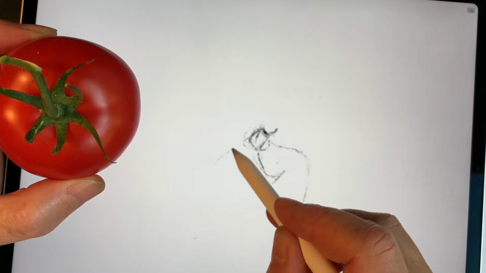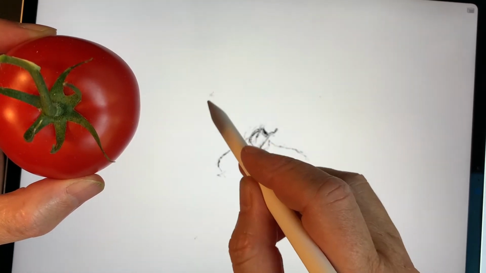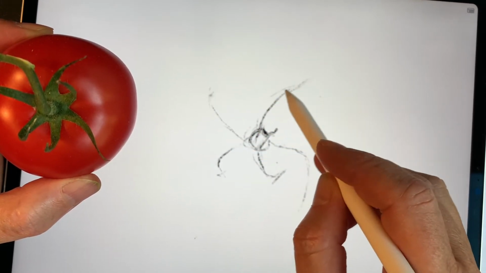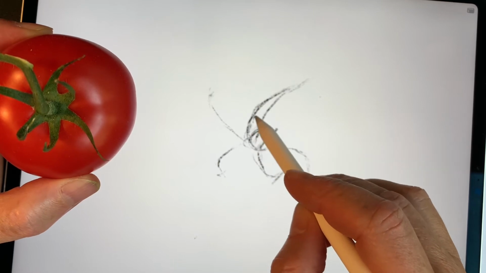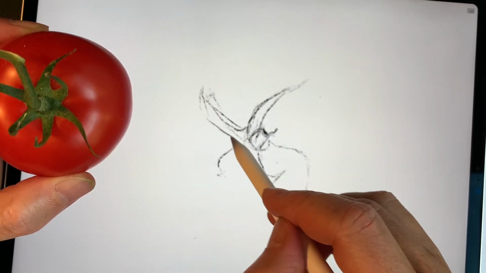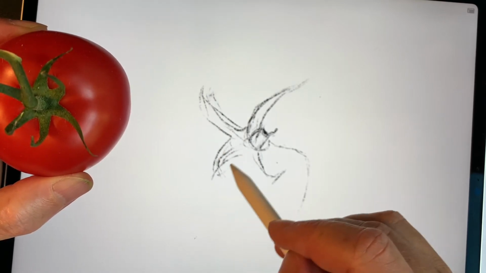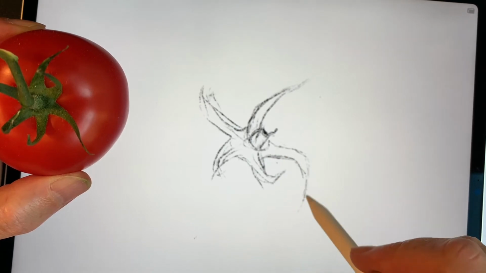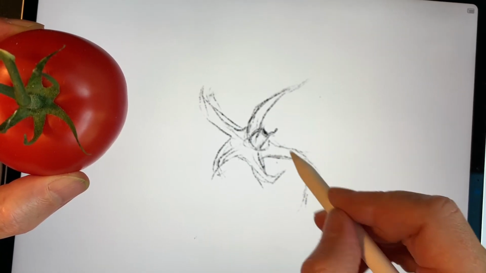I just point the directions and not the whole leaves or sepals. Okay, and now I'm starting to sketch them with more than one line. I let them appear because I'm not sure where they are, but they are coming while I am sketching.